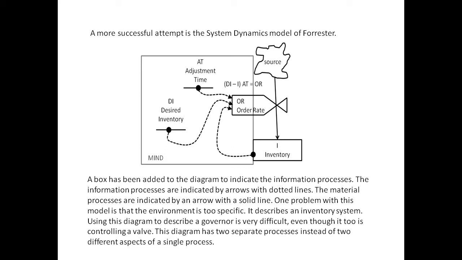One problem with this model is that the environment is too specific. It describes an inventory system. Using this diagram to describe a governor is very difficult, even though it too is controlling a valve. This diagram has two separate processes instead of two different aspects of a single process.